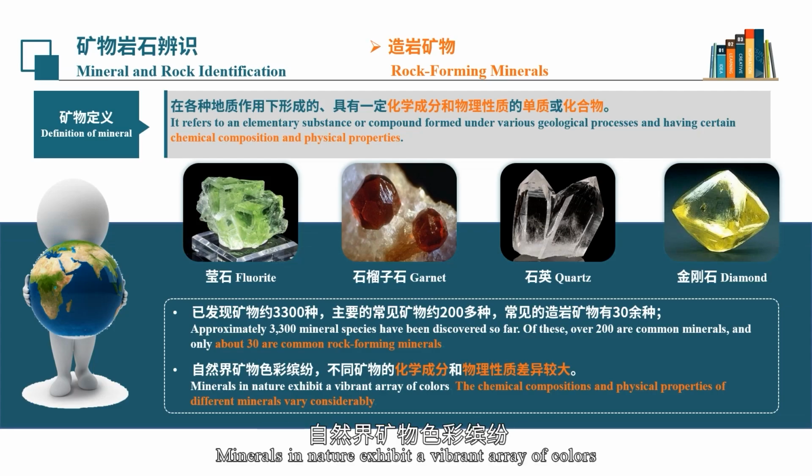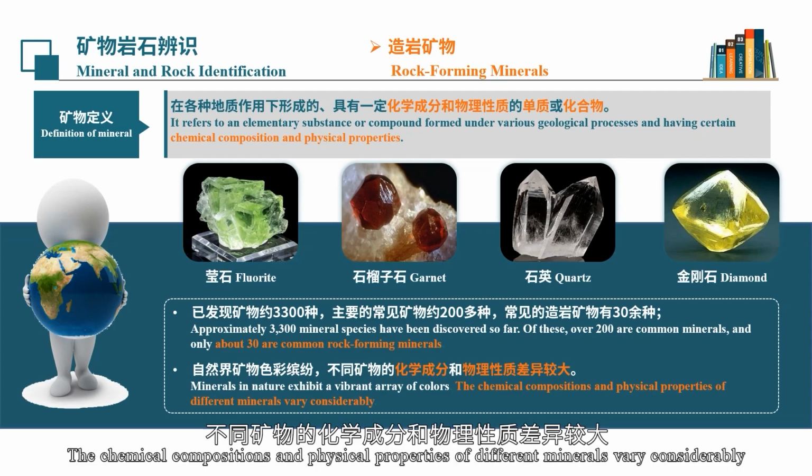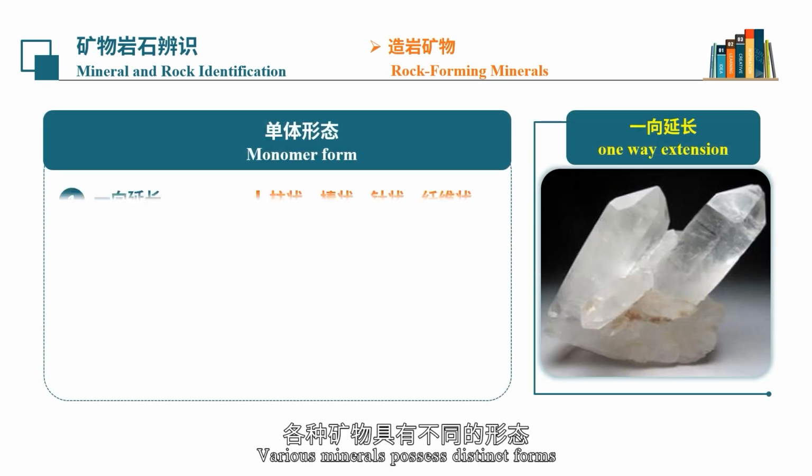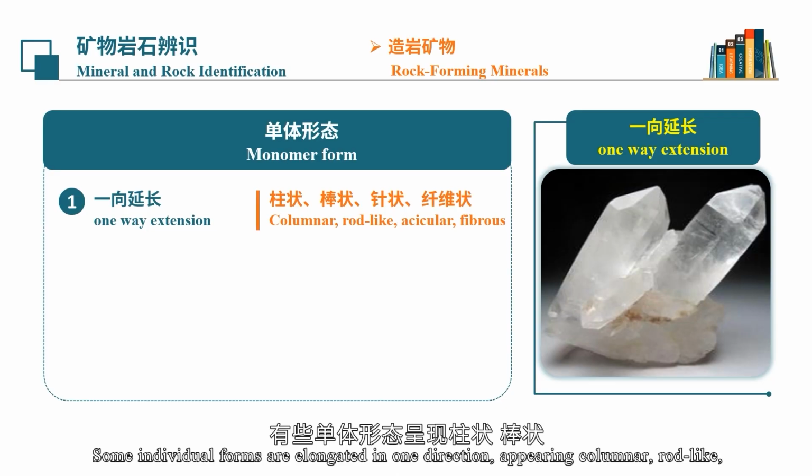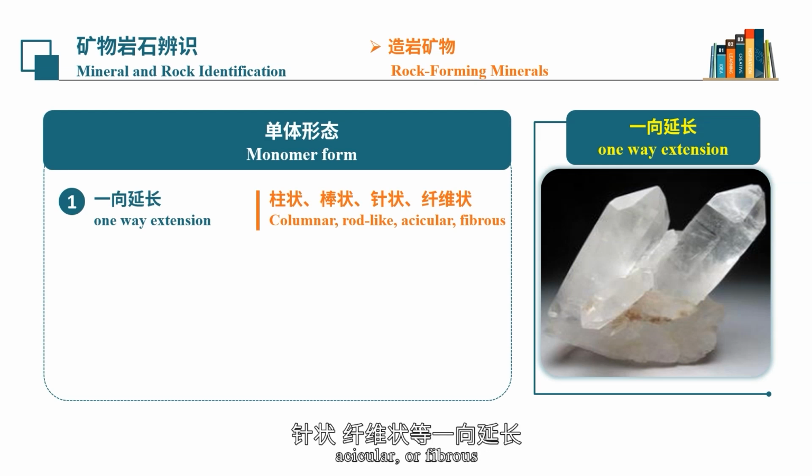Minerals in nature exhibit a vibrant array of colors. The chemical compositions and physical properties of different minerals vary considerably. Various minerals possess distinct forms. Some individual forms are elongated in one direction, appearing columnar, rod-like, acicular, or fibrous.